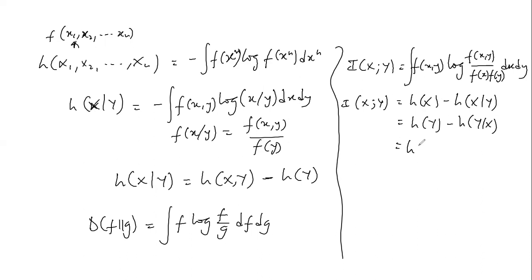It is also the sum of the source entropy and the output entropy minus the joint entropy of X and Y. And this is also the same as the relative entropy between the joint distribution and the product of the distributions f(x) f(y).